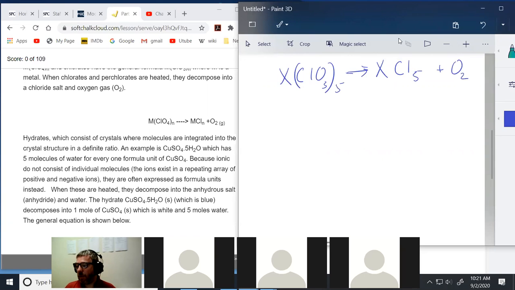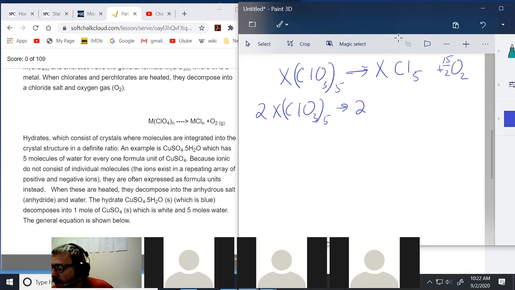Okay, so we've got the XCl5 plus the O2. Now, if you count up the oxygens here, we've got 15. So we're doing something similar here to what we did with the hydrocarbon balancing. And I put 15 over 2 over here on the O2. So I have to multiply everything by 2 to balance that out.